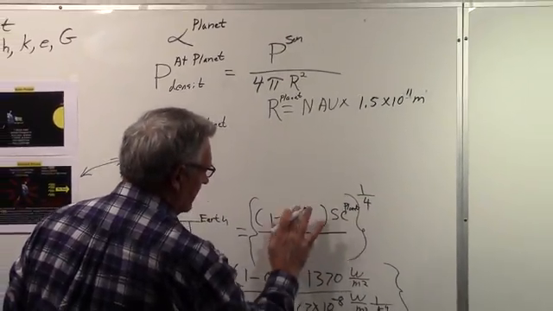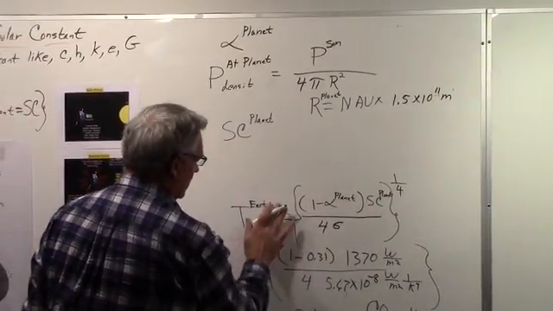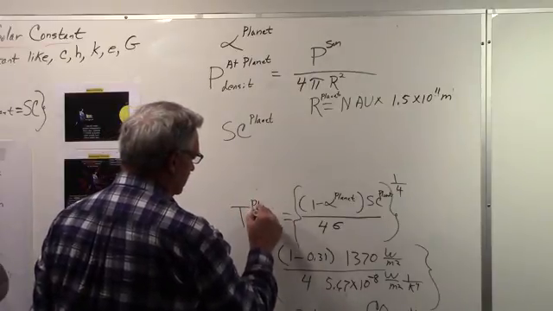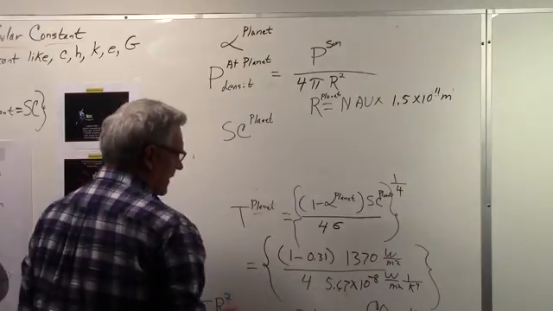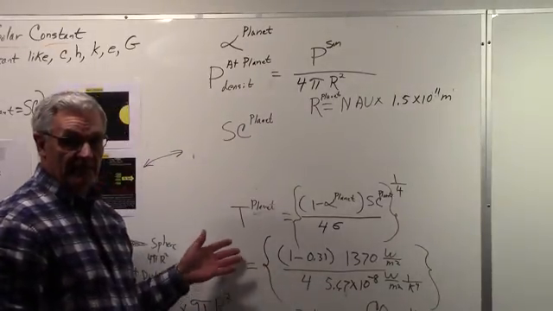We would have the albedo for the planet. And this expression then would give you the temperature for the planet. Again, this is calculated without the effects of a planet's atmosphere.